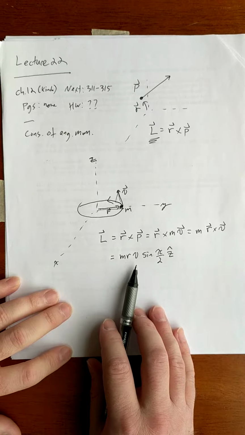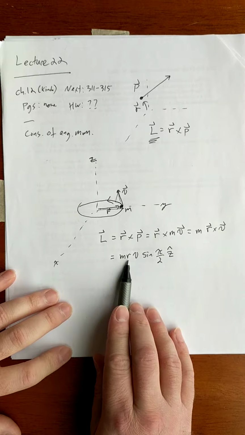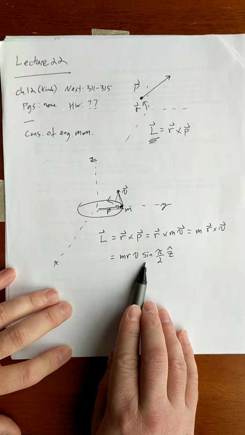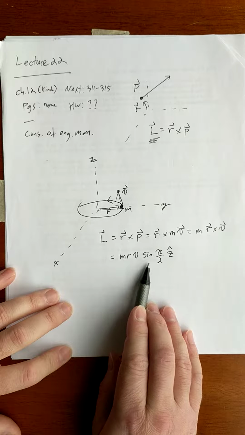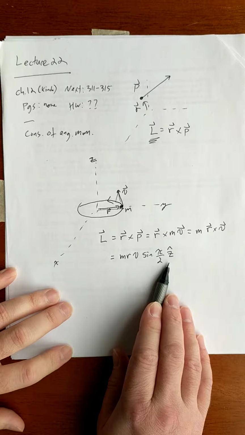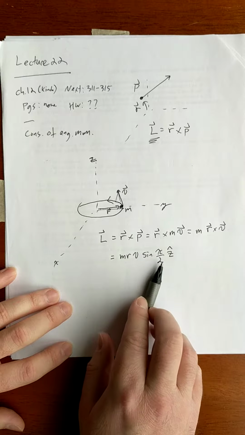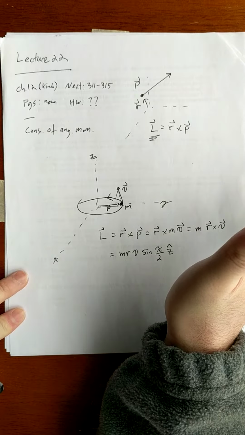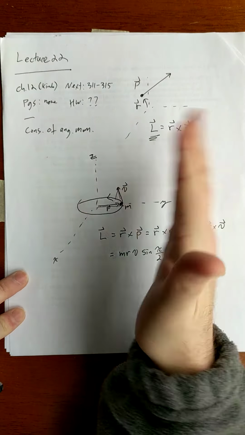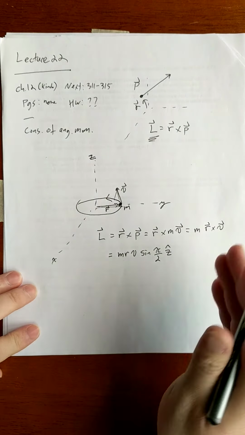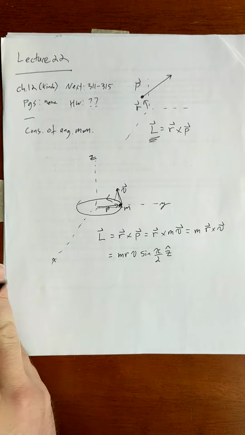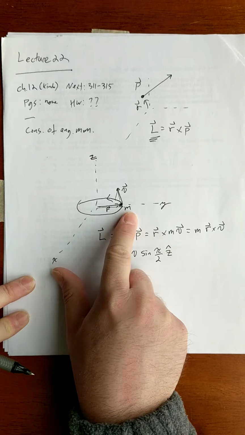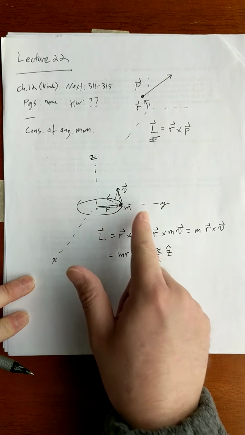That means that when we take the cross product, we get the magnitude of the position vector, times the magnitude of the velocity vector, times the sine of the angle between them, which is pi over 2, times the unit vector that points in the direction defined by the cross product. If r is pointing in the xy plane, and v is always pointing in the xy plane, and they're always perpendicular, then for the vectors as I drew them, r would be completely along y and v would be completely along x.